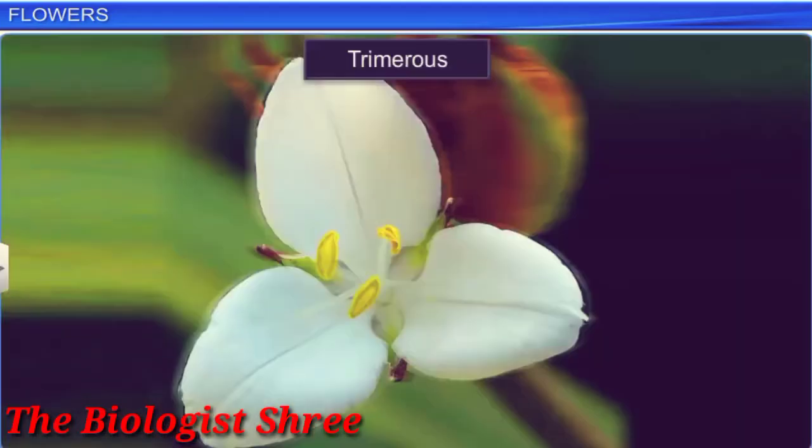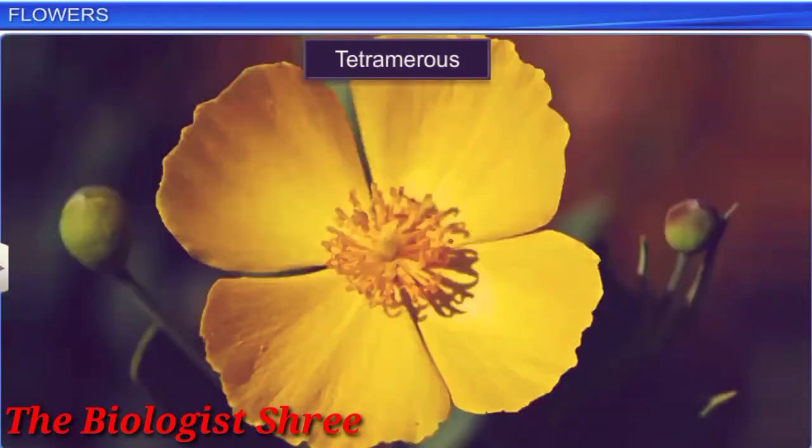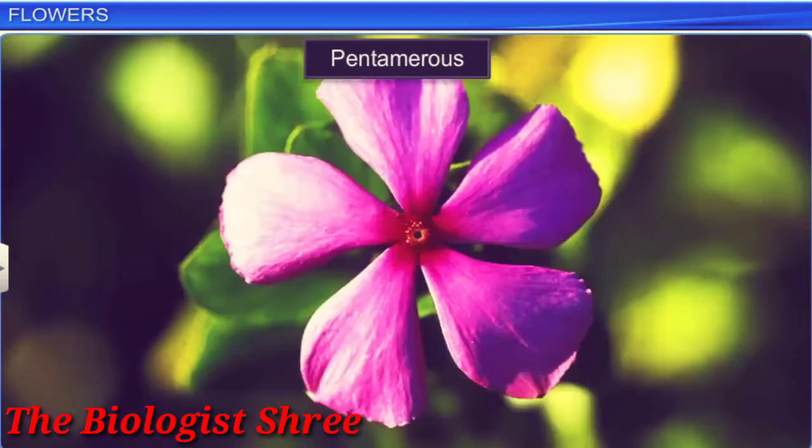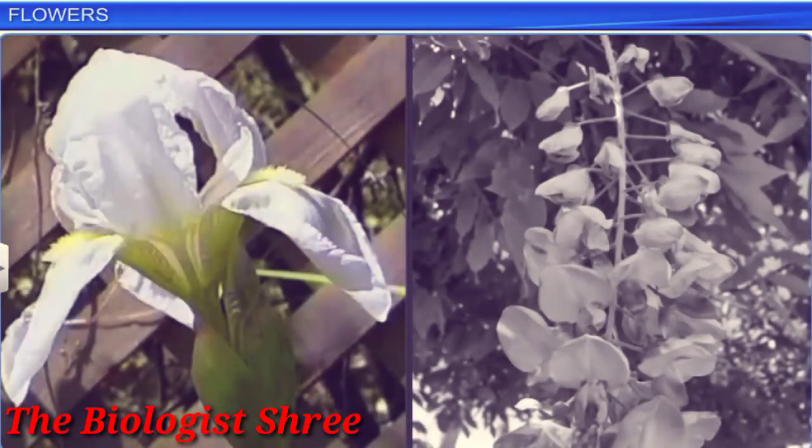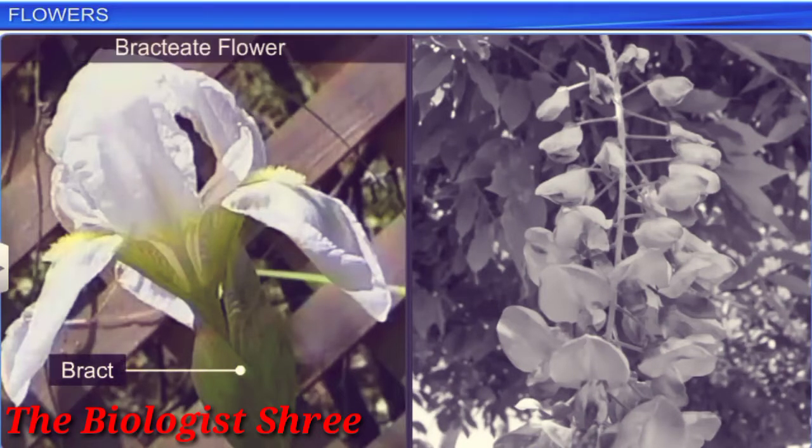Trimerous flowers have flowering parts in sets of 3, while tetramerous flowers have them in sets of 4, and pentamerous flowers in sets of 5. Some flowers have reduced leaves at the base of the thalamus known as bracts and are commonly called bracteates. These bracts are absent in some flowers known as ebracteates.